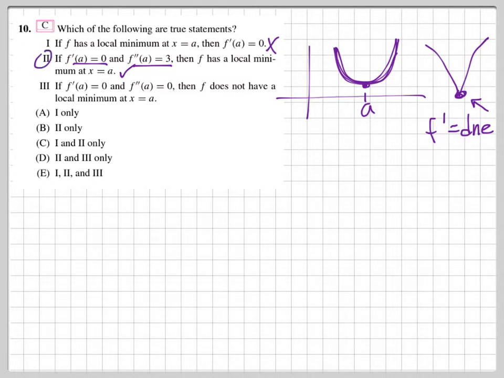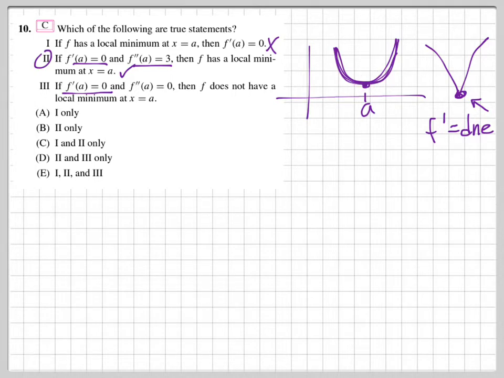Let's read the next one. If f prime of A equals 0 and f double prime of A equals 0, then f does not have a local minimum at x equals A. So at first, when you think about this one, since we also have a slope of 0 here, we're thinking maybe it looks like this.